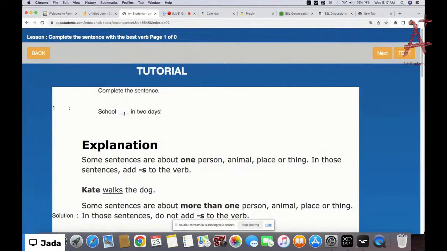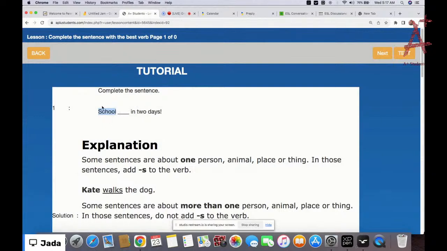Just like I have said, once you have one person, one place, one animal, one thing, just like we have school here which is just one, then the verb needs to have an S. If you have options here to choose the best verb for this answer, note that the first sentence here is school, not schools. It's talking about one school.